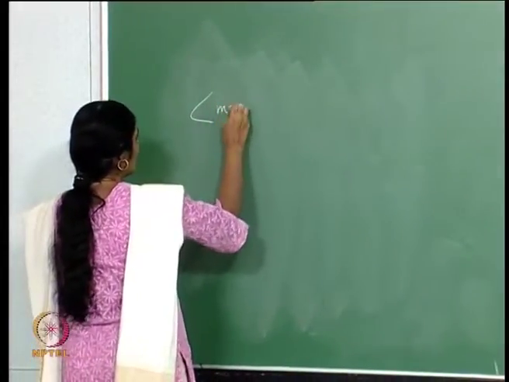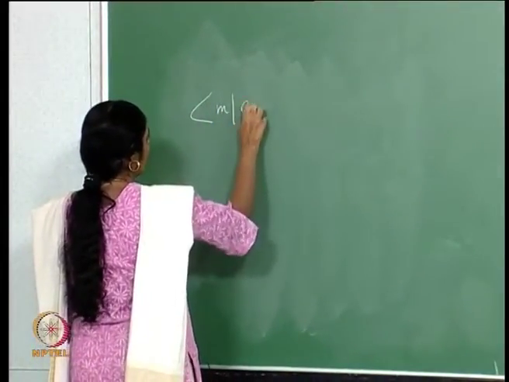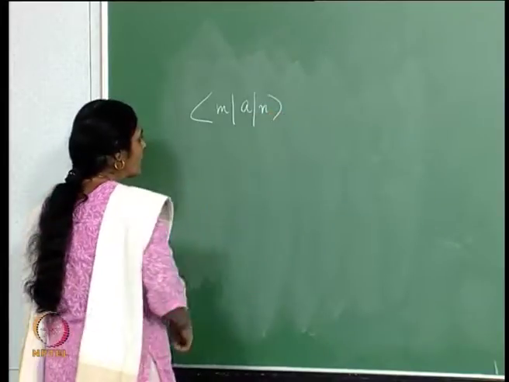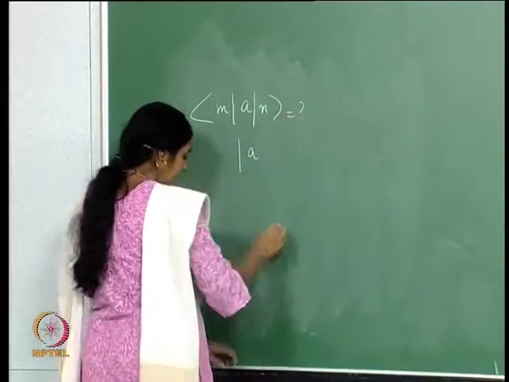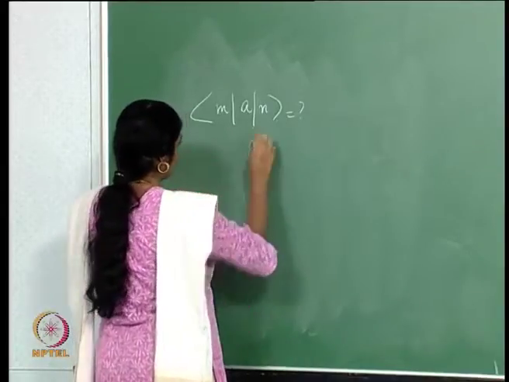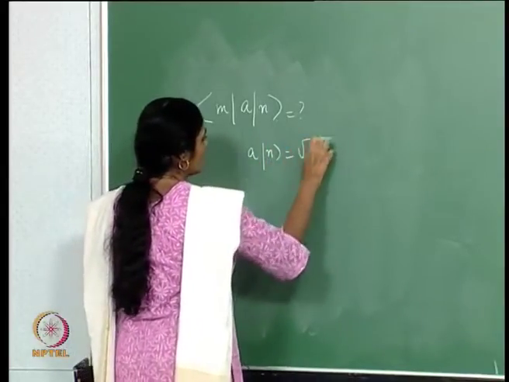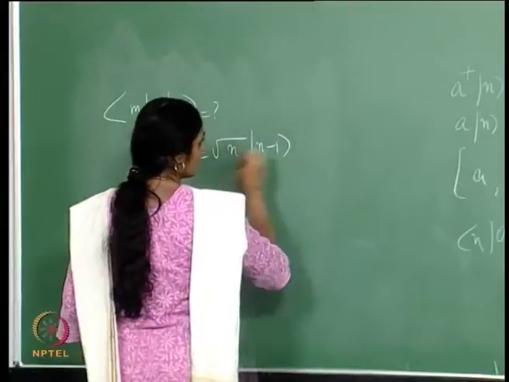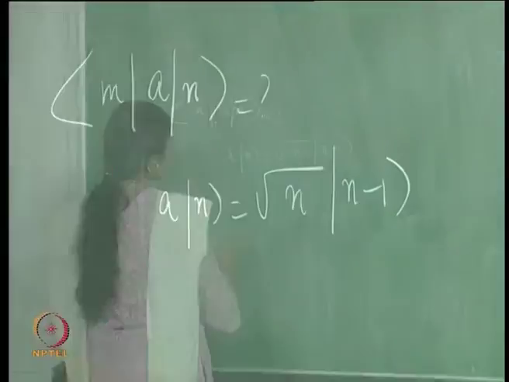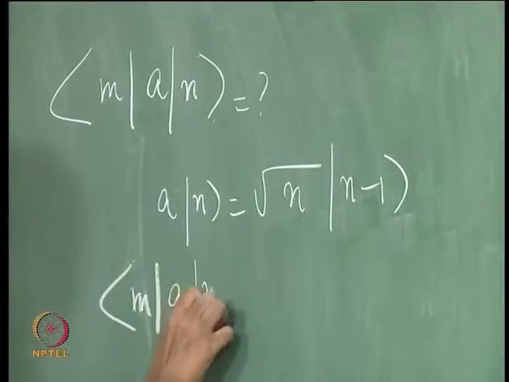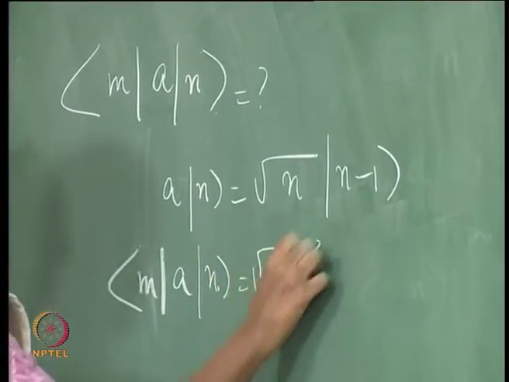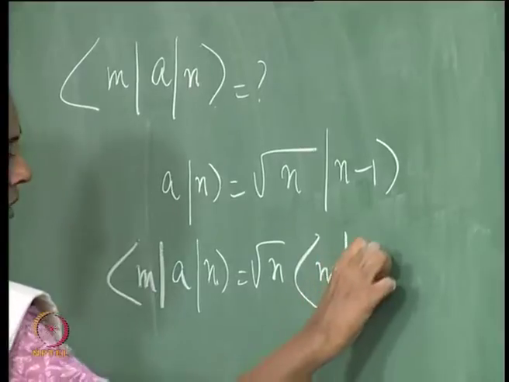So what is the mth element of the matrix A, for instance? I know that A on ket n is root of n ket n minus 1. Therefore, <m|A|n> is root n times the inner product <m|n minus 1>.